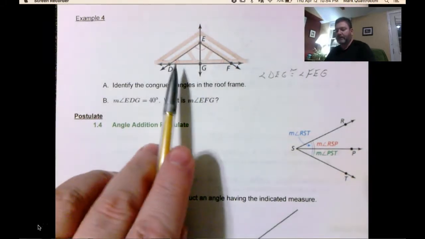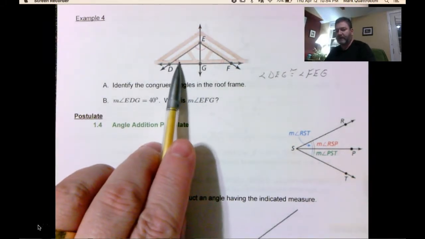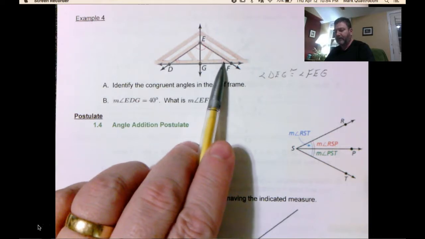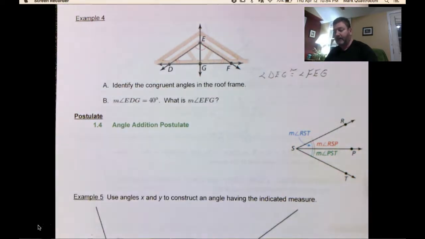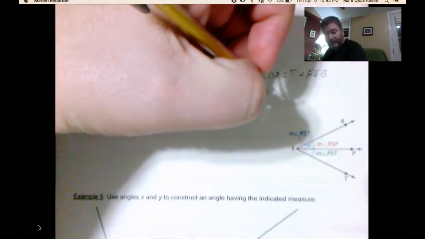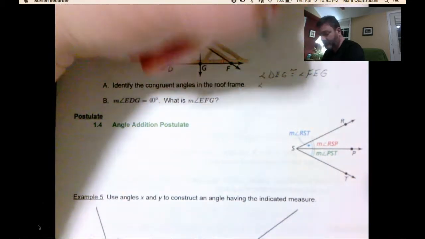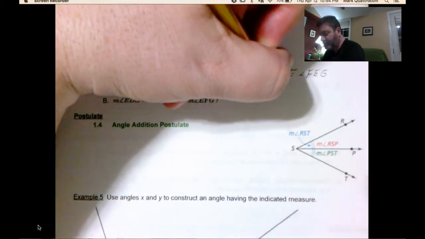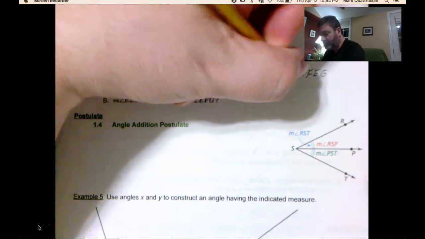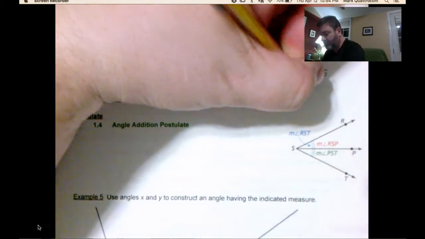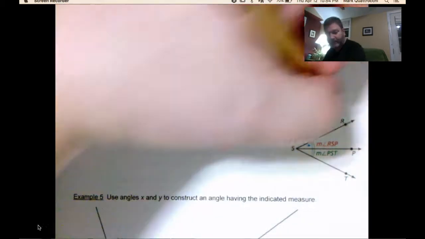In the same picture, we have 2 arcs here and 2 arcs here, indicating that those angles are congruent. That's angle EDG, congruent to angle EFG.